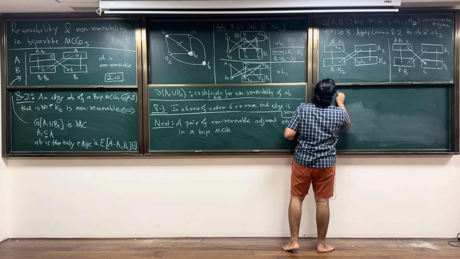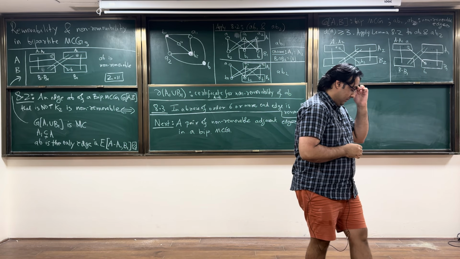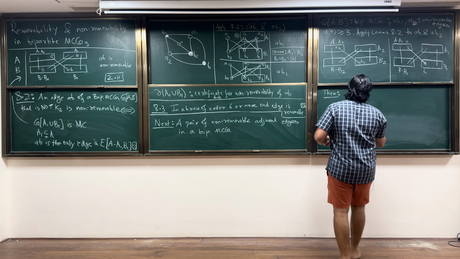Then the conclusion we want to prove is that B1 and B2 are actually disjoint and A1 and A2 are also disjoint. I have a question for you. Which one of these implies the other? Does B1 intersection B2 being empty imply A1 intersection A2 being empty, or is it the other way around?